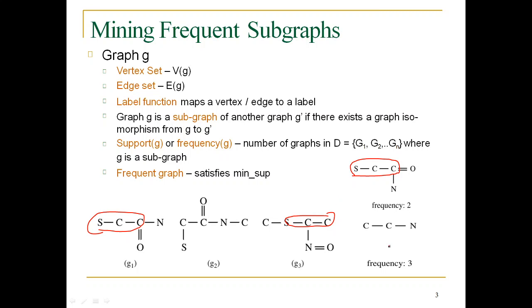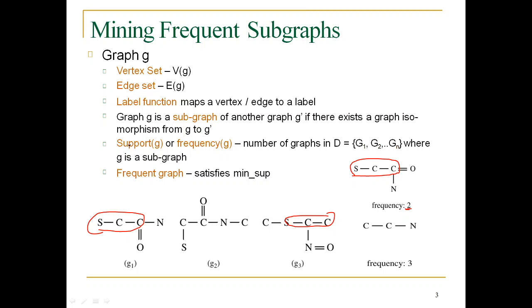For the frequency value, suppose I put the minimum threshold value as 2. Here we have taken the minimum value as 3. If the subgraphs occur at least that many times, that is, they satisfy the minimum threshold value, since here we attain a frequency of 3, all these values satisfy the minimum support, so they count as subgraphs of the original graphs.